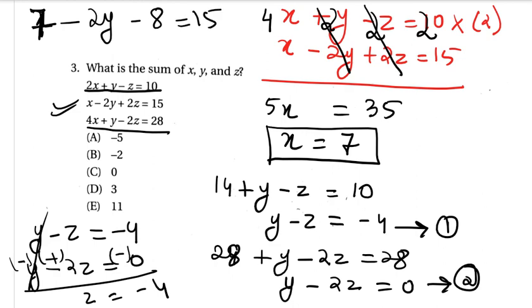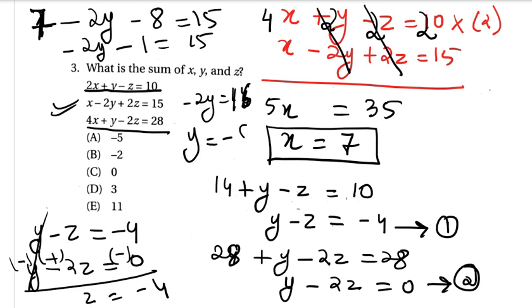So how much is that? So minus 2y minus 1 is equal to 15. Hence minus 2y is equal to 16, right? Because minus 1 will go there, become plus 1. So y is equal to minus 8.